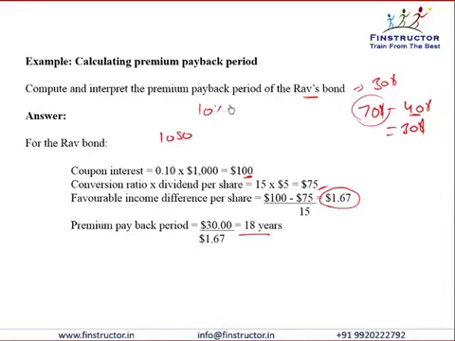The coupon of the bond may be good, but it's still not much higher than the dividend that you were getting. It is only to the extent of $1.67.